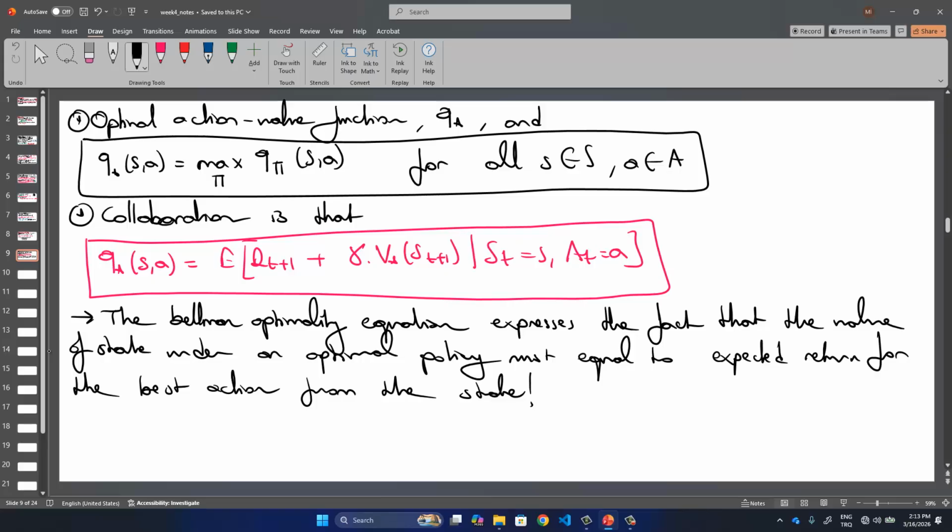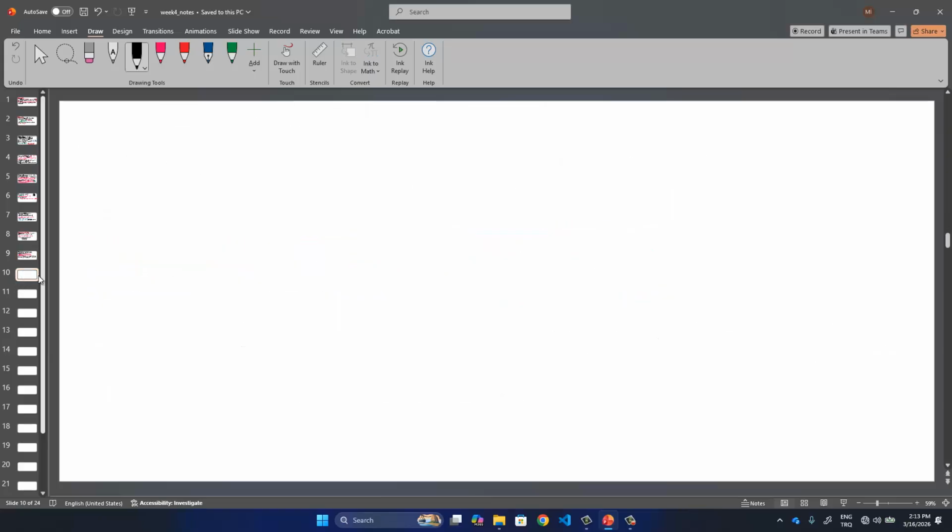This is our rule. This is our link with the future, based on the action. Okay? How can we formalize it?